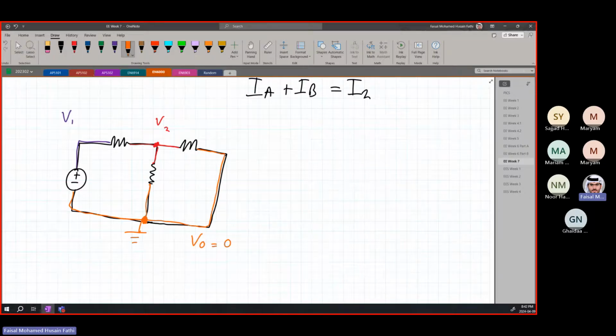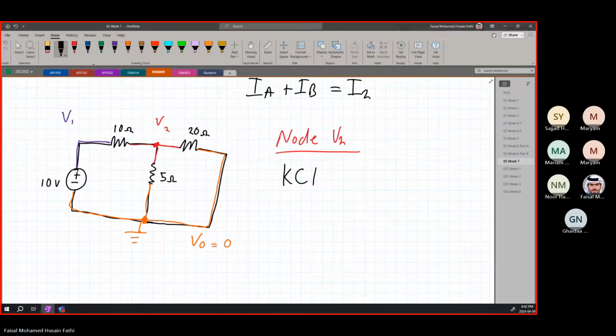So let us apply KCL for this node. And then let's put random numbers here. Let's put this as 10 volts. Let's put this as 10 ohms, 5 ohms, and 20 ohms. If we're looking at node V2, we're going to apply KCL. What does KCL mean? We're going to look at current.